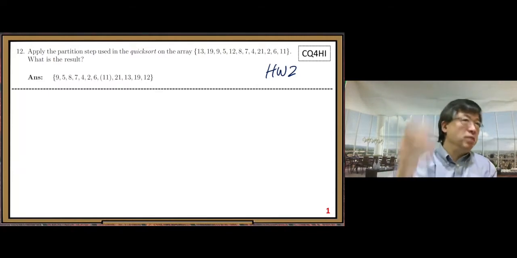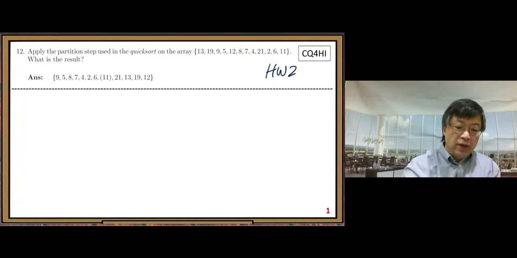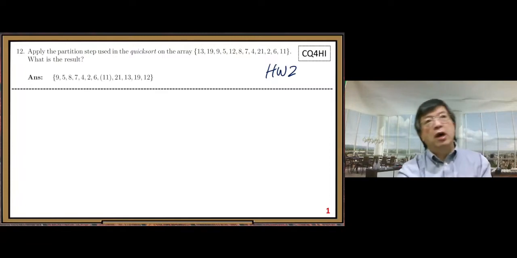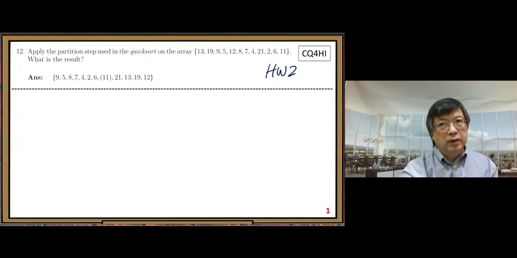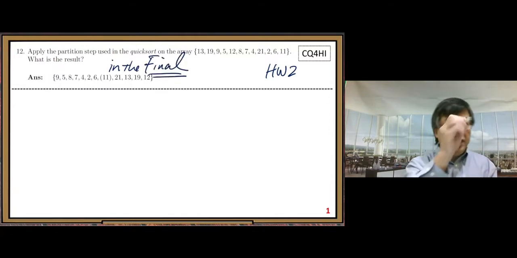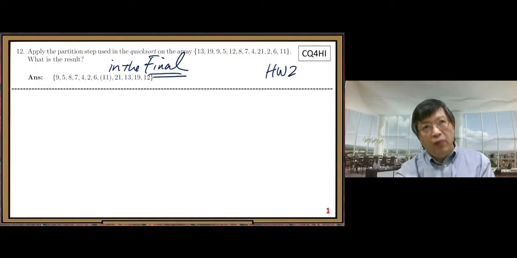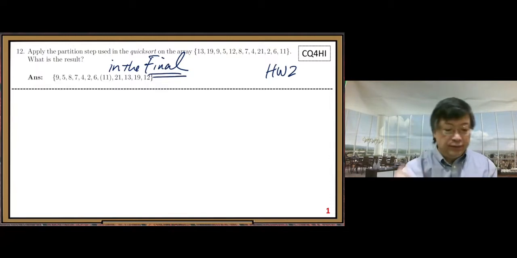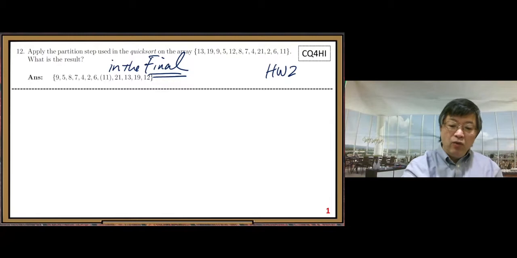Otherwise, how can you implement, right? So for the importance of this type of question, I want to give this question in the final. So you really need to do it well in the final. Okay? Here, let me work out these questions.